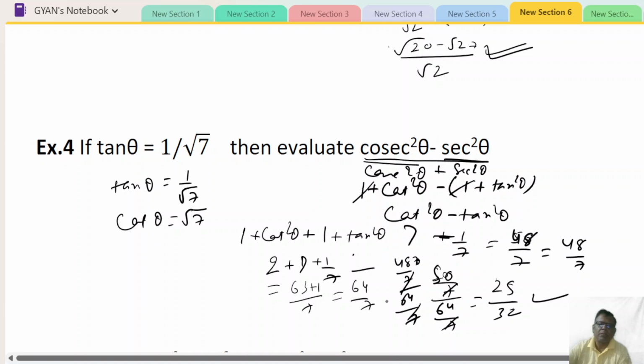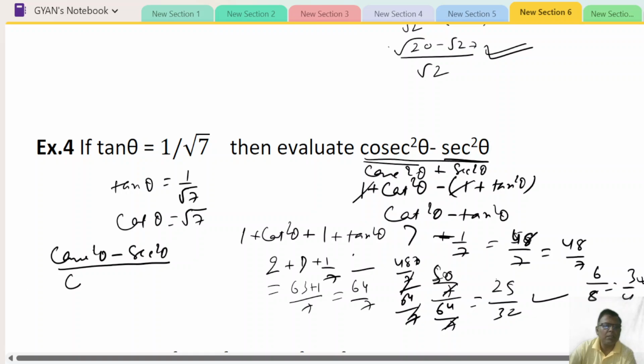Then the 7s cancel, and 48 by 64 is 6 by 8, that is 3 by 4. So 3 by 4 will be the answer. Actually the problem was cosec square theta minus sec square theta, and then cosec square theta plus sec square theta. So now you put it, we will get 3 by 4.